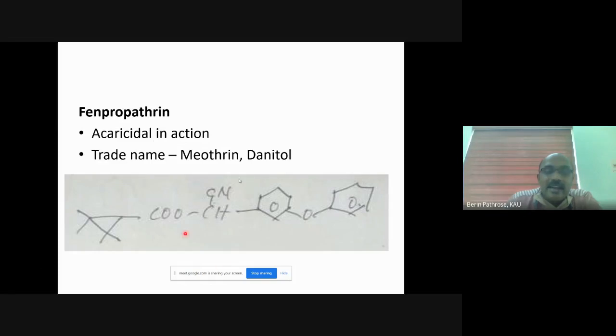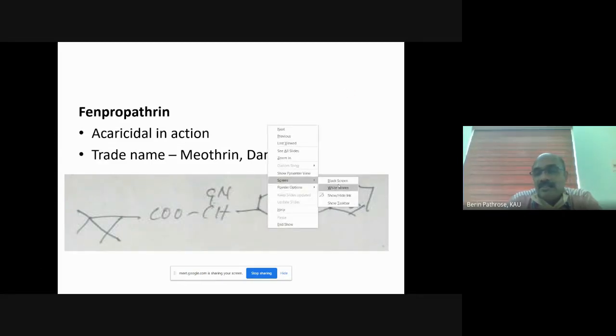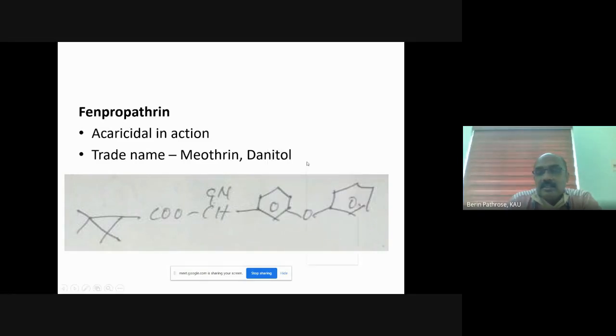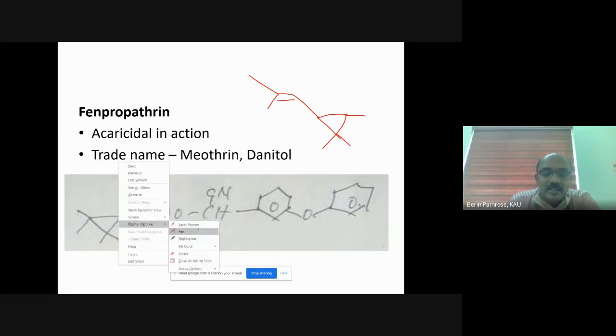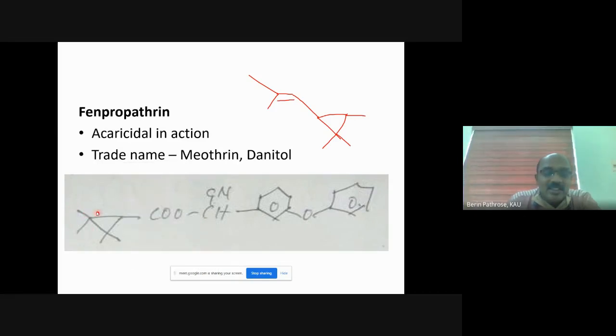If you draw the general structure of the acid part, say chrysanthemic acid, it used to be like this. It used to be like that, but see the structure over here.